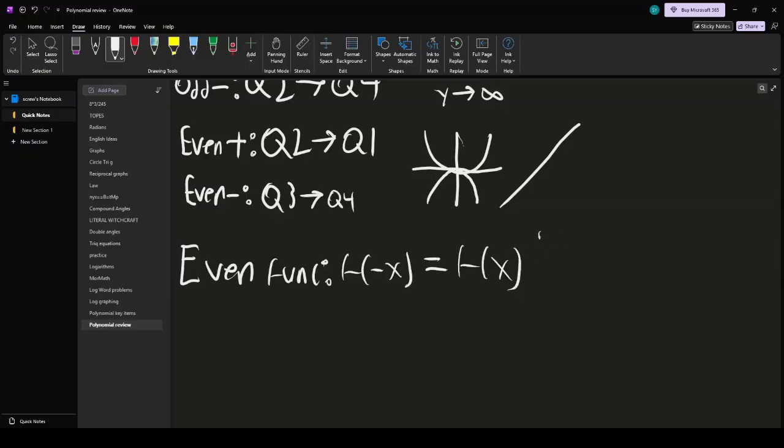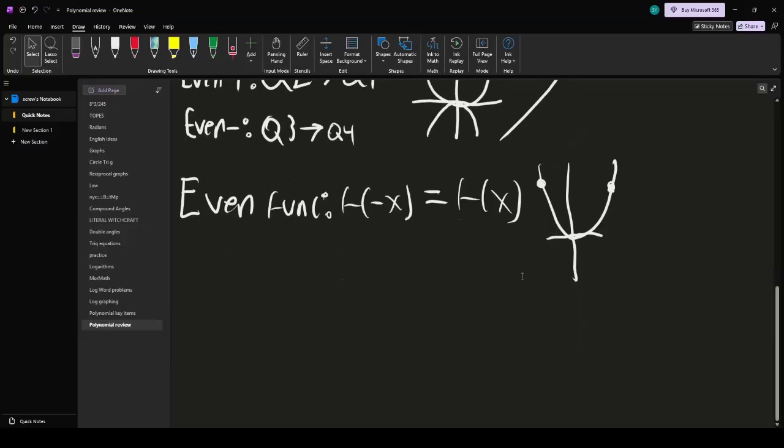So if we again take the parabola, which is an even function, take f(-x) and f(x), the same number but different signs, they have the same y value, okay?